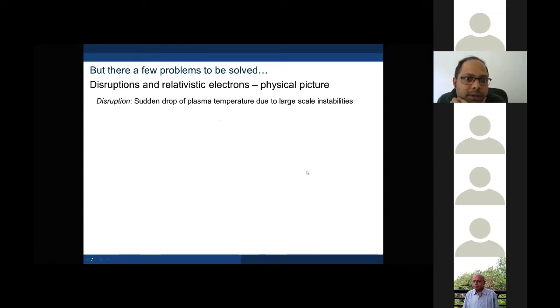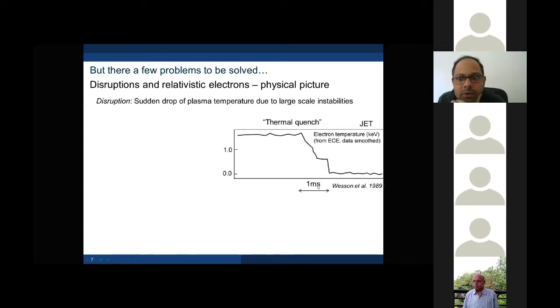But sometimes, rarely, there are instabilities that lead to a complete stochastization of the plasma, and the temperature drops very fast. For example, this is from a particular experiment in the UK, where you see the temperature with time, which suddenly drops by about a factor of 100 within a millisecond.